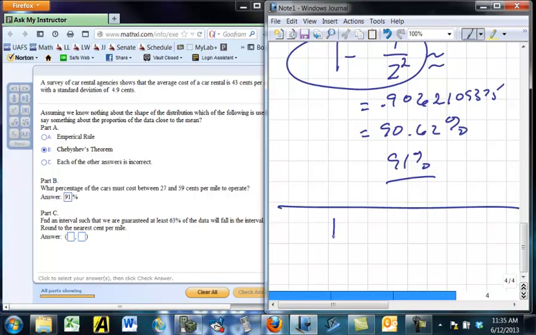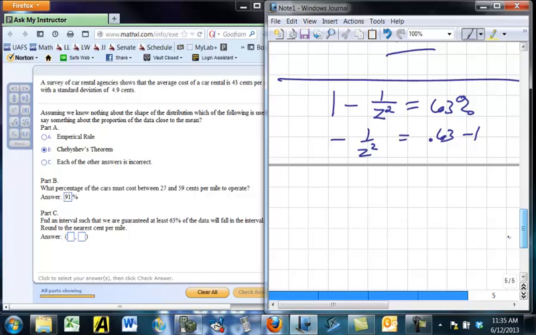That's exactly backwards. This time we know that this 1 minus 1 over z squared, or k squared, is 63%. So, of course, we make this a decimal, 0.63, and we'll subtract 1. I can do that in my head. That's negative 0.39. Two negatives cancel, so 1 over z squared is 0.39.